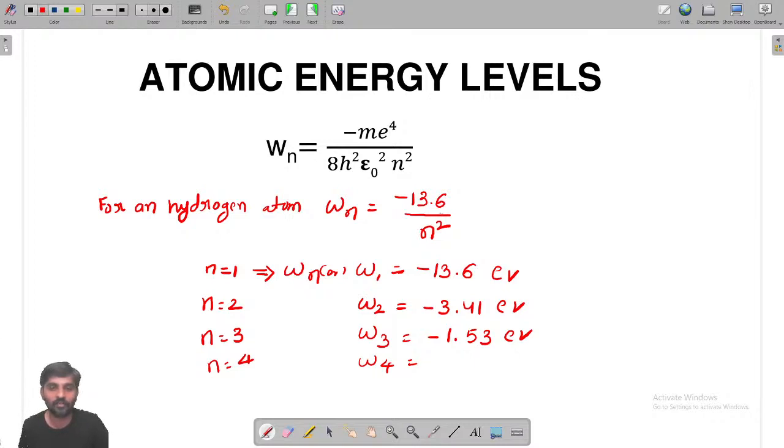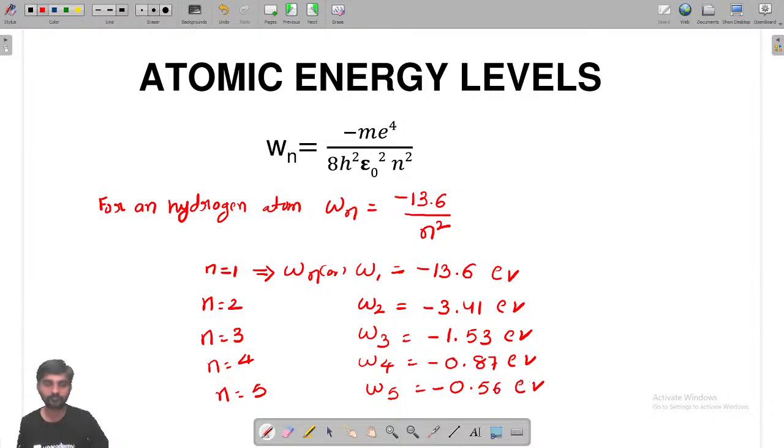Numerator is lower than the denominator, so you will get 0.87 electron volts. Similarly, for n is equal to 5, what is W5? The energy, again, minus 13.6 by 25, so you will get almost minus 0.56 electron volts.